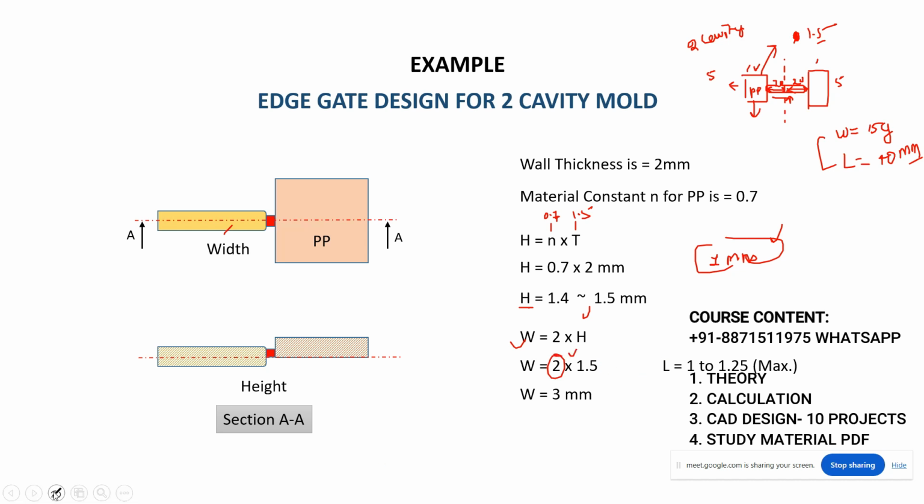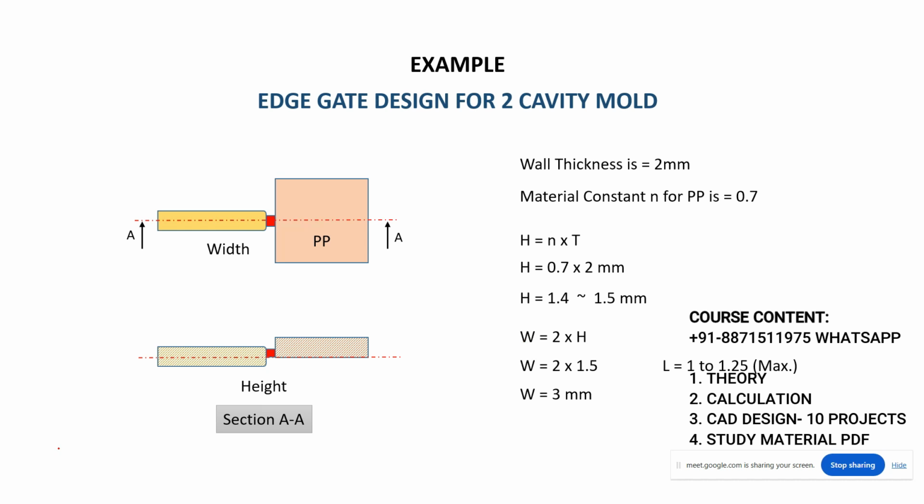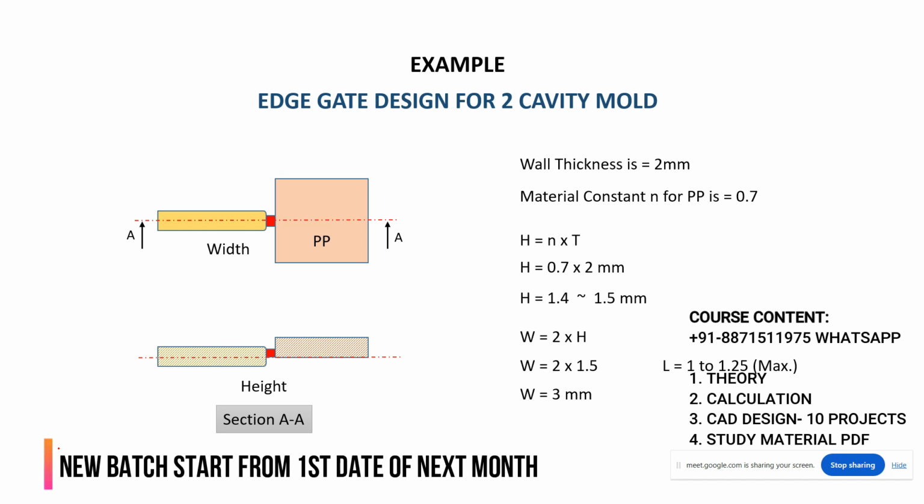So what are you learning here? You are learning the basic calculation depending upon manufacturing feasibility, which is very important. For example, if you are going to complete the simulation, if you are preparing the 2 cavity or the 4 cavity mold, before that you have to take the accurate calculation.